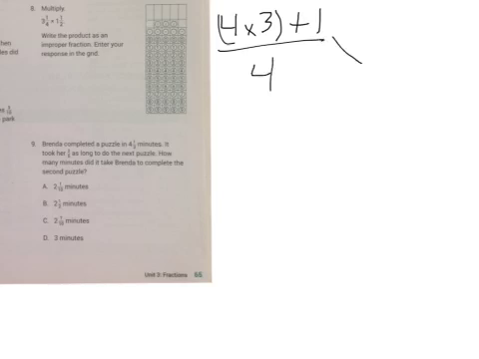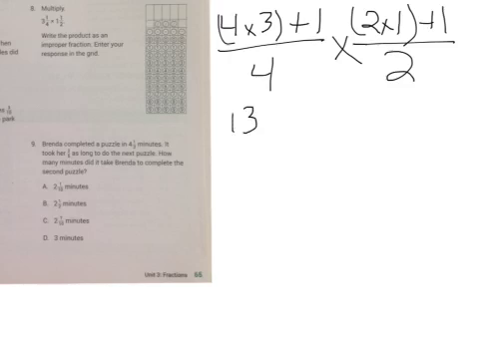And that's going to be times 2 times 1, and then we're going to add a 1, and put that over 2. So 4 times 3 is 12, plus 1 gives us 13 over 4. And then 2 times 1 is 2, plus 1 more gives us 3 over 2.